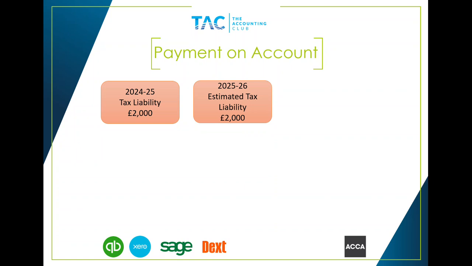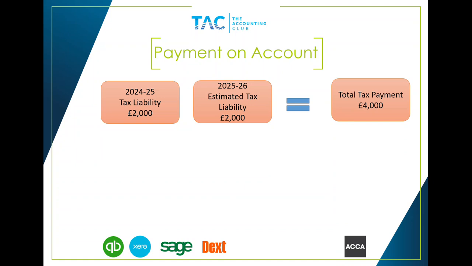Where you know that your income in 2025-26 is going to be lower, your tax liability would be lower. So you can let us know, and then we can make an application to adjust the amount of payment on account. What this means is, you have your current tax liability for 2024-25 of £2,000, but then you have to pay £4,000, not £2,000.